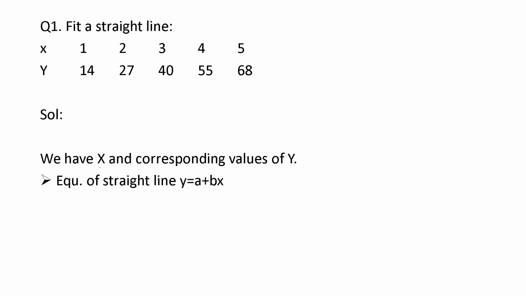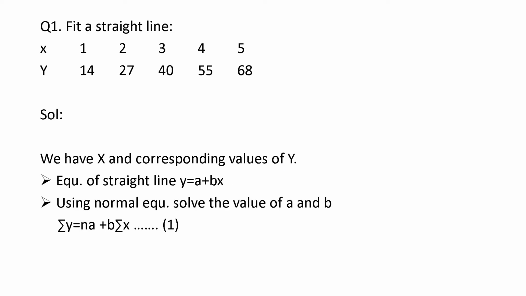We have x and the corresponding y values. We know the equation of the straight line is y = a + bx. Using the normal equations, solve for the values of a and b. That's the second step.